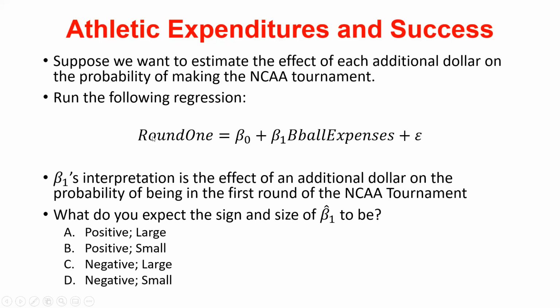Probably pretty small, right? However, what if the team spent another $1,000 on their program? Well, we would just take that estimate and multiply it by 1,000. Or what's the effect if the team spends $1 million more? Beta 1 is the effect of $1 more, multiply by 1 million, that's the effect of a million more.